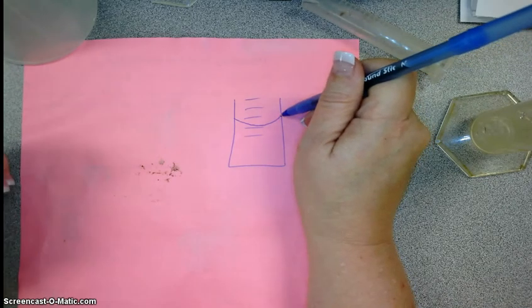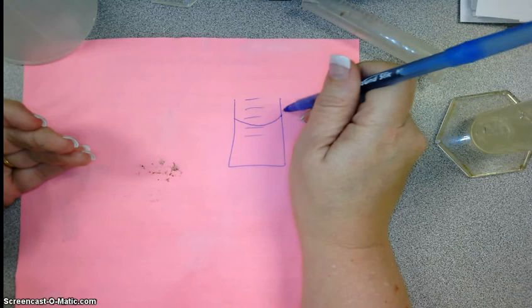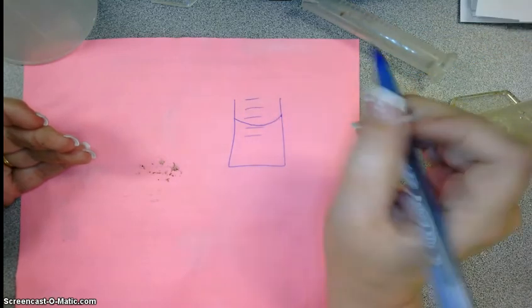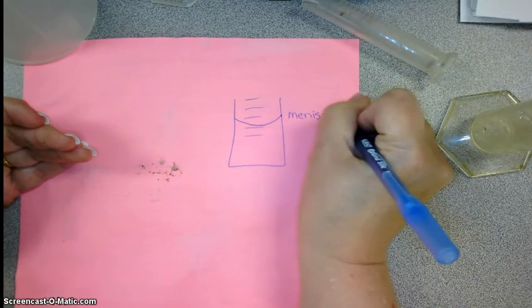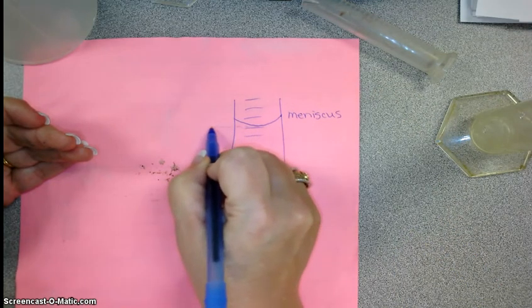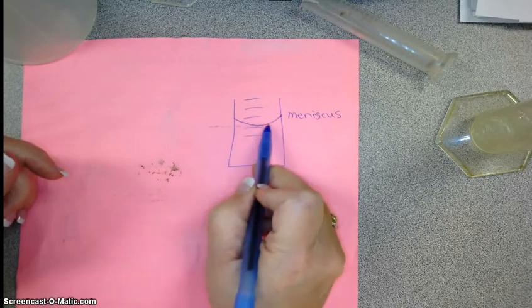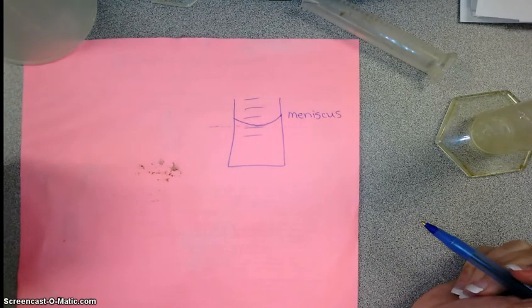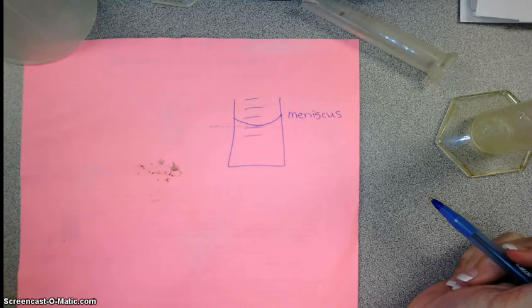It's a polar molecule, and we call this curve that forms a meniscus. You're going to get down to eye level and read at the bottom of the meniscus, and that is how to accurately read a graduated cylinder.